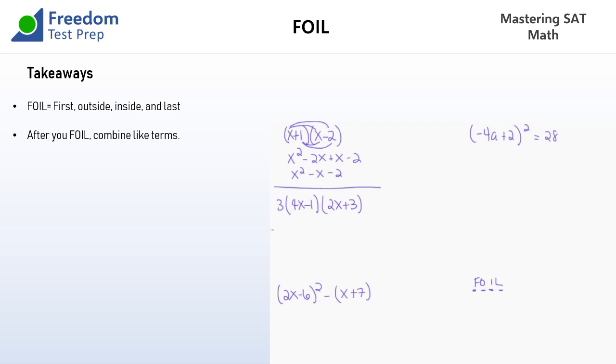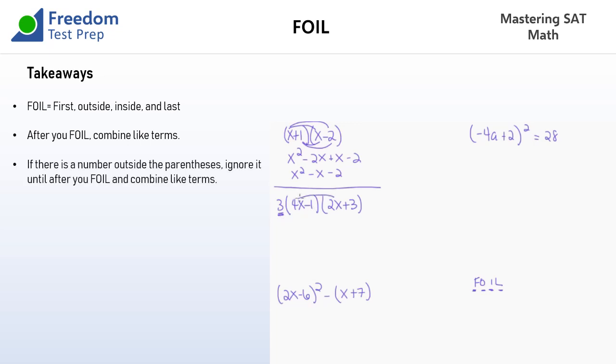We are not going to factor here. All right, now our second problem, we have the slight complication of the 3. Now, when you see a number outside of the parentheses, don't worry, just FOIL first and then multiply your answers by the 3. So we're going to do first, outside, inside, and last.